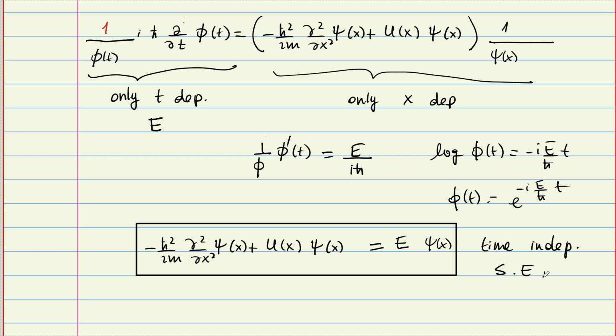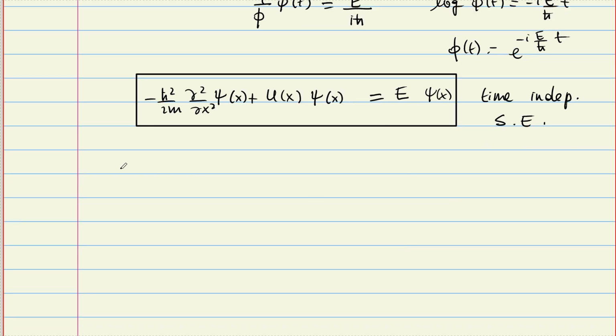So I think it's not too much to ask for you to be able to write this. If you can write the time dependent equation, you can write the time independent Schrödinger equation too, because it's the same thing. You just, rather than putting iħ del del t, you just put E. And now, for example, a free particle means U is equal to 0. If U is 0, U is independent of t.